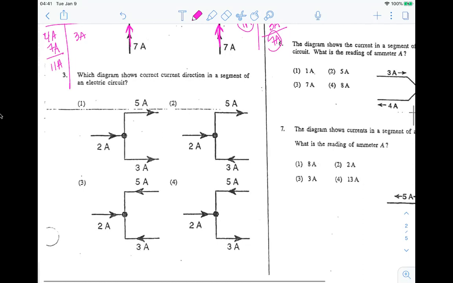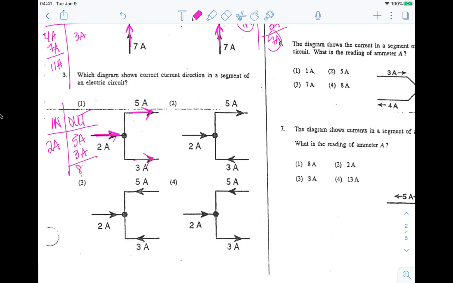If we look at number 3, the same kind of question as number 1, for choice 1, we have the total amount going in versus the total amount coming out. The total amount going into our junction is 2 amperes, and then I have 5 and 3 amperes coming out. Well, that means I have a total of 8 amperes going out, 2 going in.